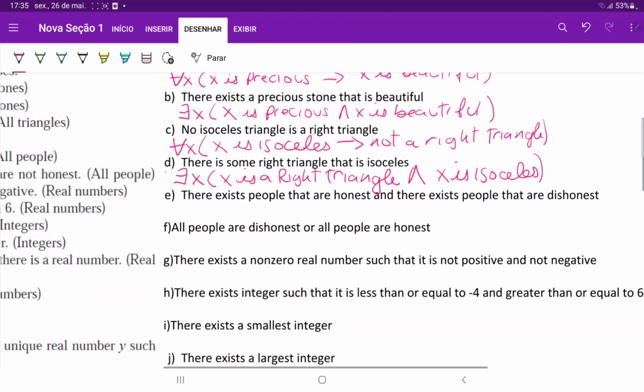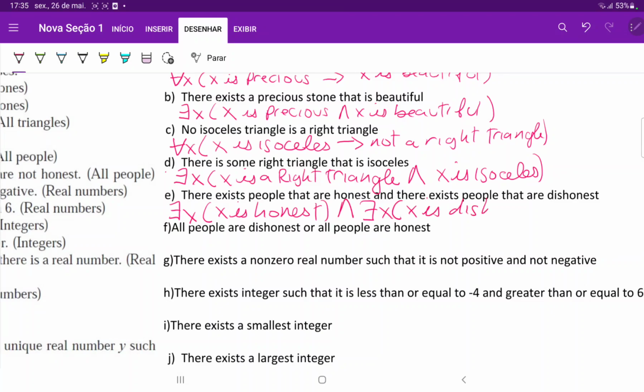For E, we have the existential, right? So we're saying there exists x such that x is honest, and there exists x in people such that x is dishonest.